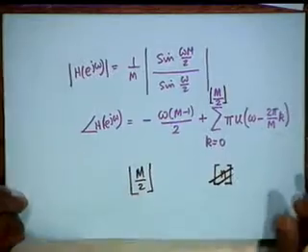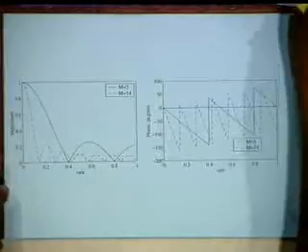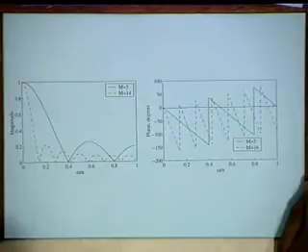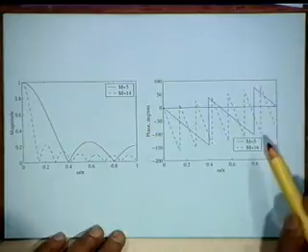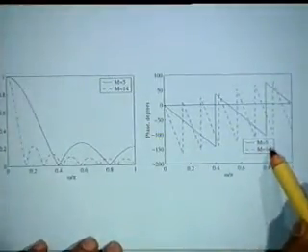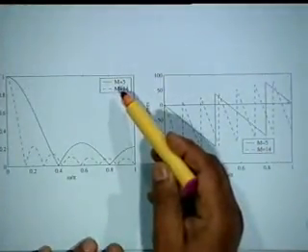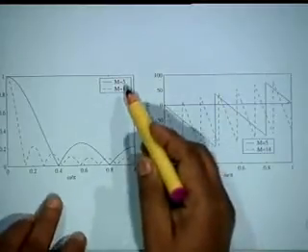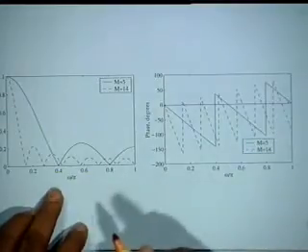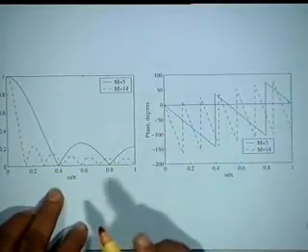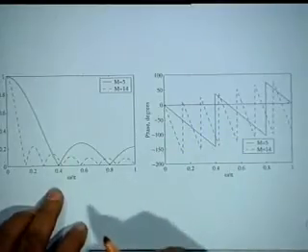Now here it is M by 2, and I have got a plot here of the magnitude as well as phase for two values of capital M. One is capital M equal to 5 and the other is 14. You see, when capital M equals 5, then the first transition occurs at what value of ω? 2π by 5, okay, and 2 by 5 is 0.4.